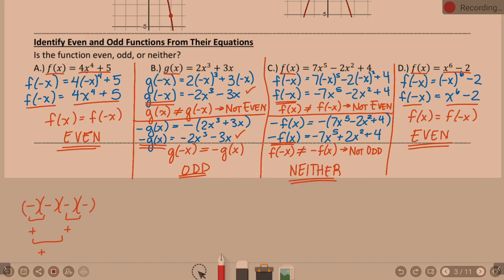If f of x and f of negative x were equal, that was even. The other thing we would find is negative f of x. That's just multiplying everything by a negative. And if that equaled f of negative x, it was odd. And if both tests fail, it's neither. Okay, so that's all in the notes from last week. If you haven't had a chance, make sure you go back and look at that, get your notes caught up.